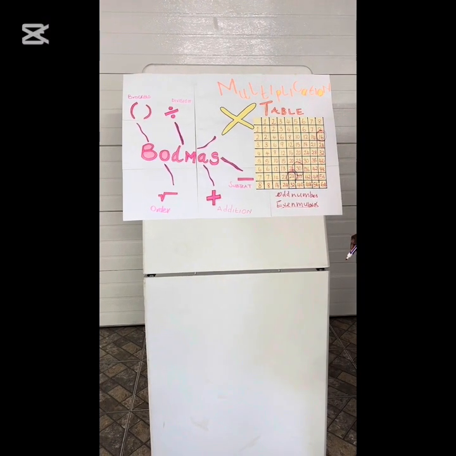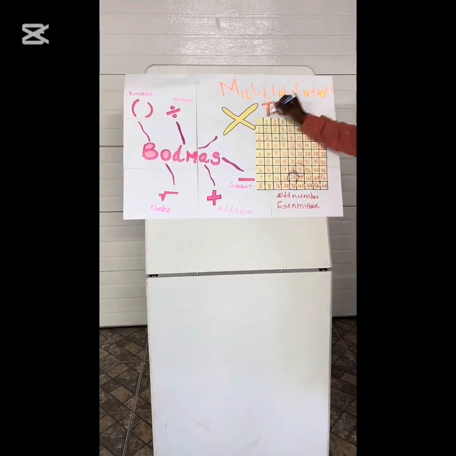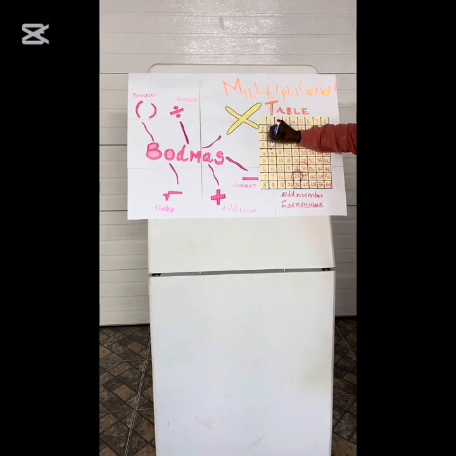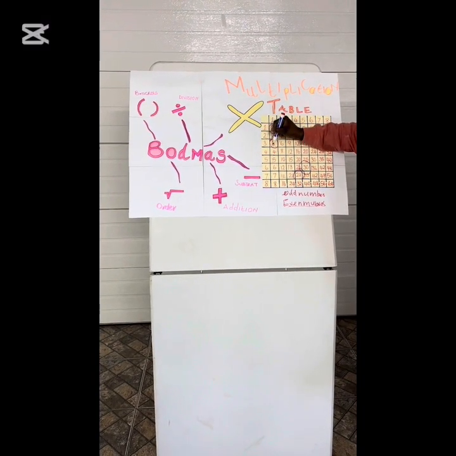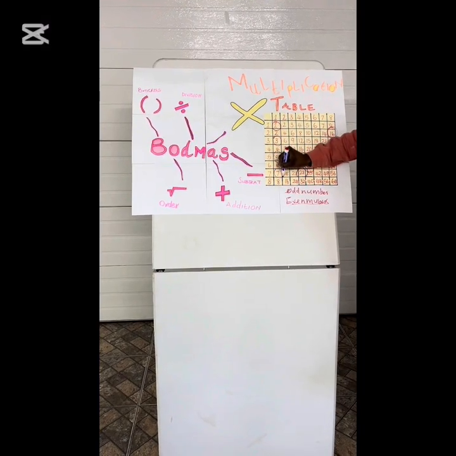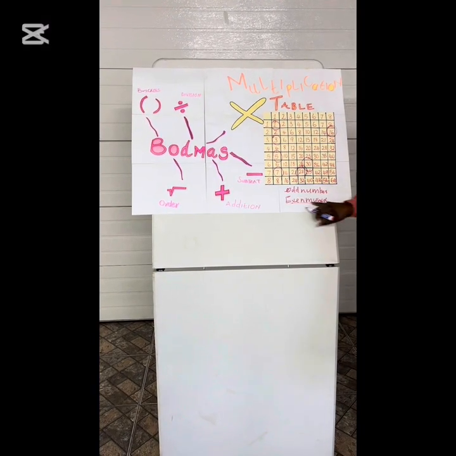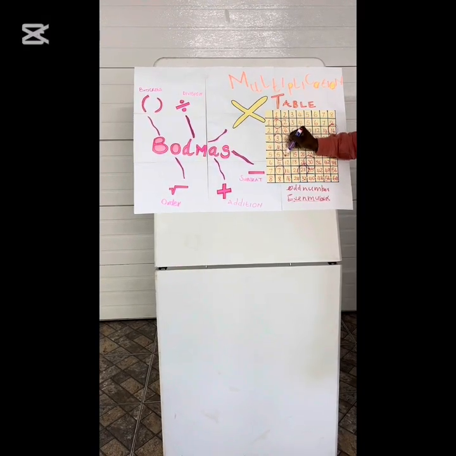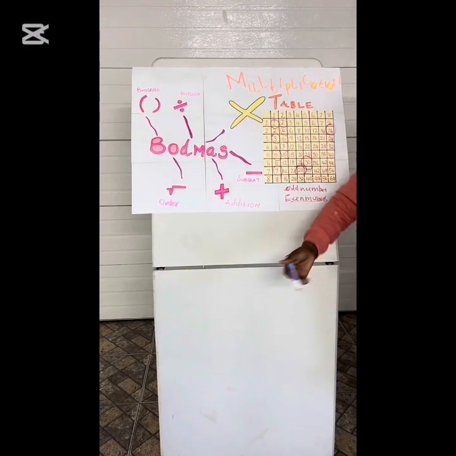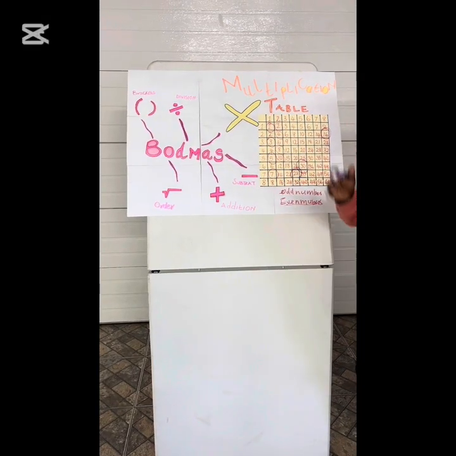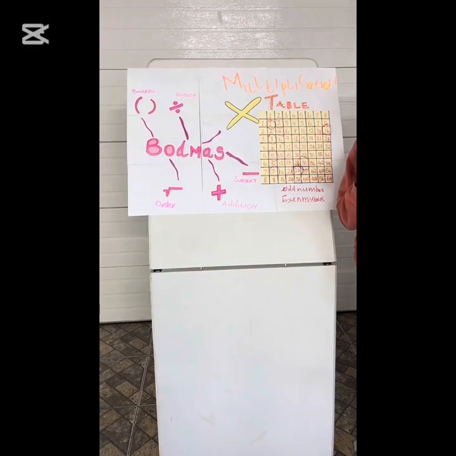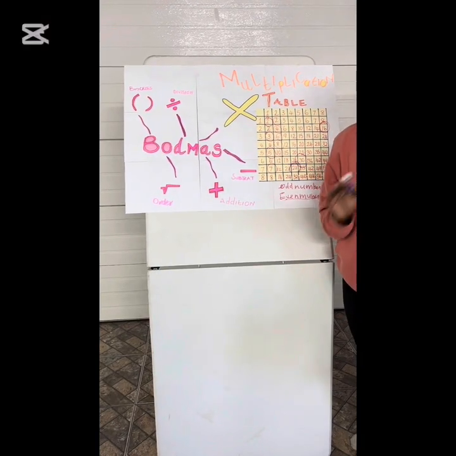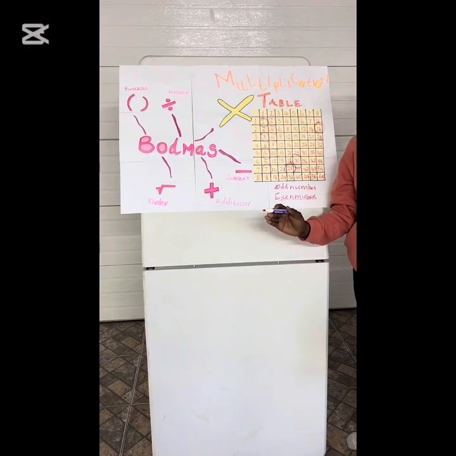On the odd numbers, we have 1, 3, 5, and 7. On the even numbers, we have 2, 4, 6, 8, 10, and so on. This table can help a million learners solve maths problems.